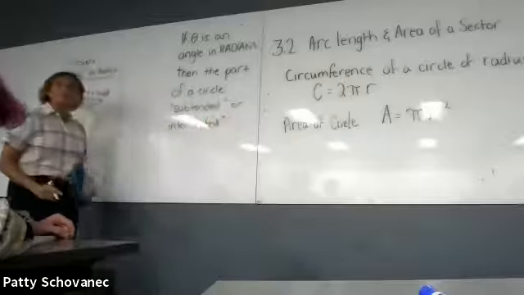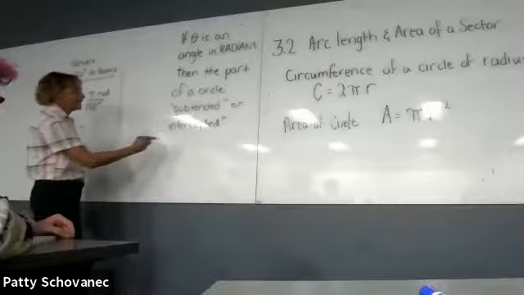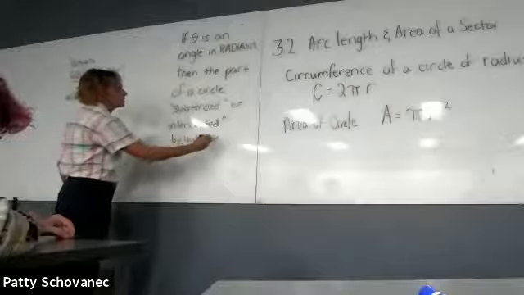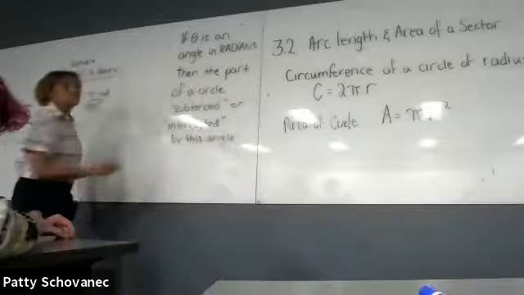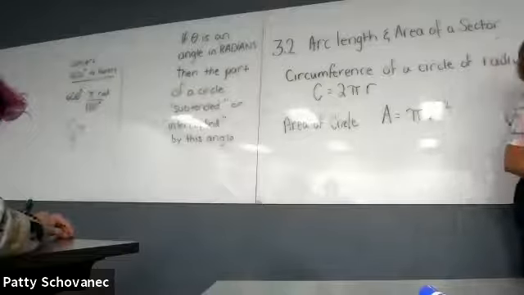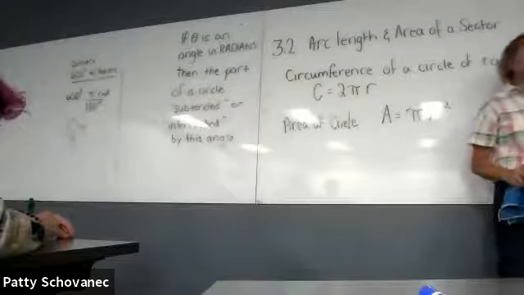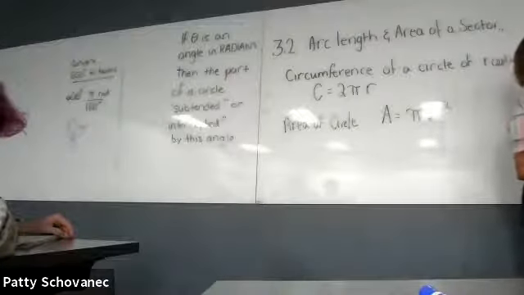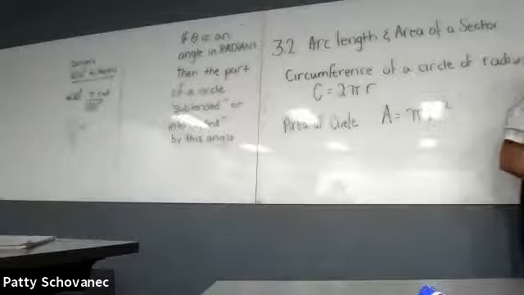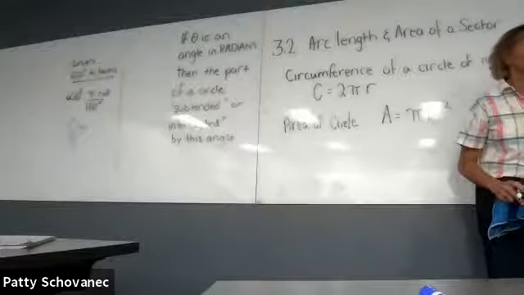When we say subtended or intercepted by this angle, we mean just what I said over here. An angle has 2 sides. They hit the circle in 2 points. Those are points of intersection. So it intercepts this arc here, or it subtends that arc right there. Okay?